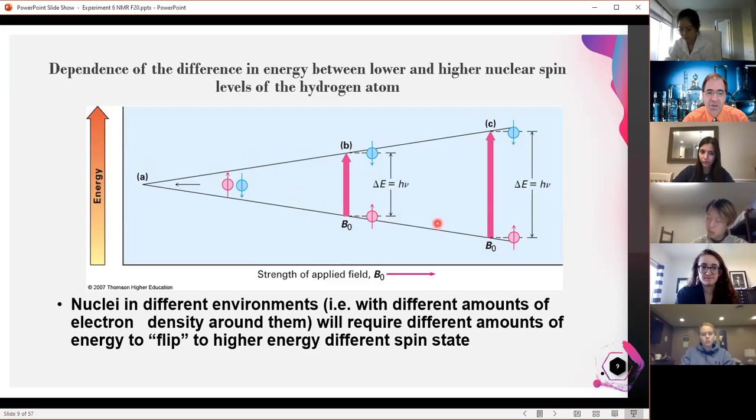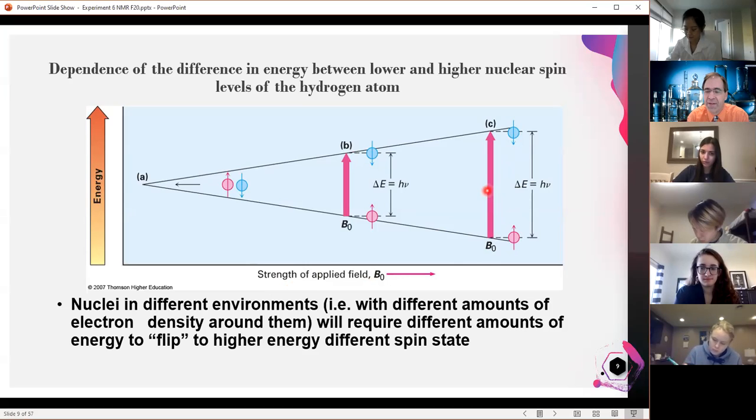Now, the amount of energy required is affected by how strong that external magnetic field is. And that's important because depending upon how powerful the magnet in your NMR is, it changes the amount of energy. So the bigger the external magnet, the greater the energy change, so the easier it is to see smaller differences. So you want a bigger magnet.